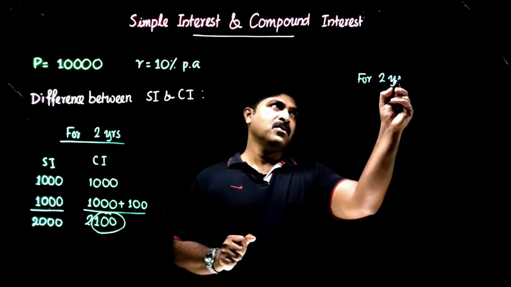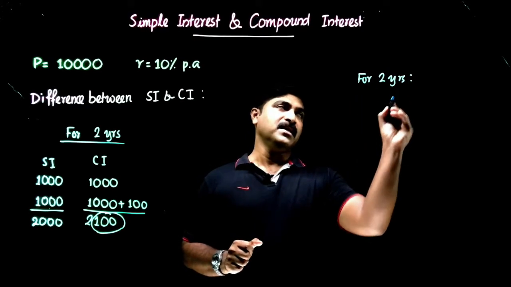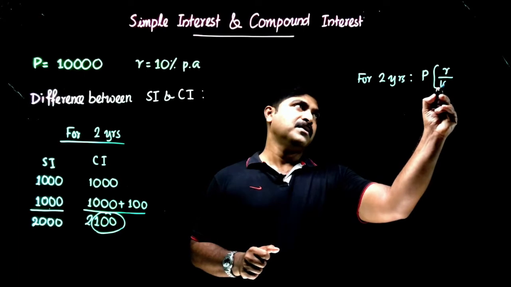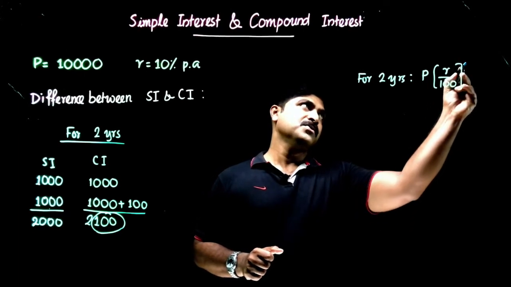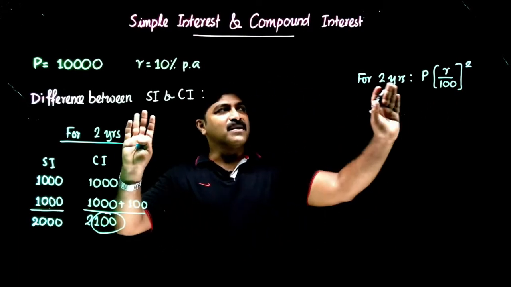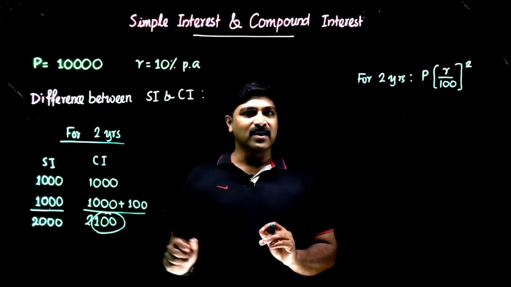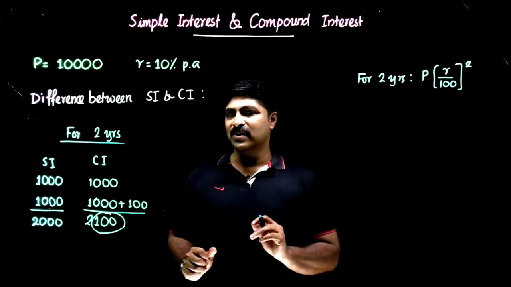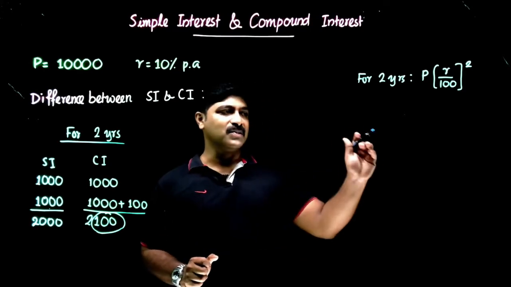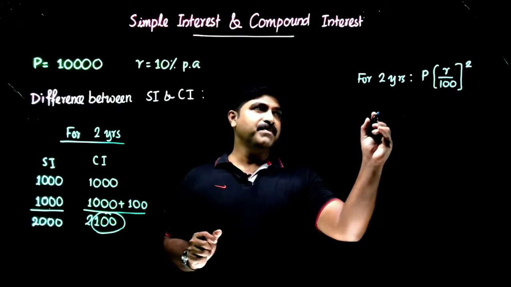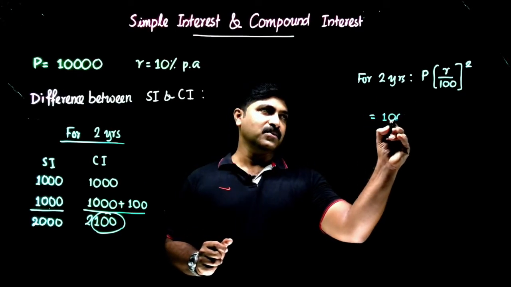Difference for 2 years is P into (R by 100) the whole square. It's a simple result that you can apply to find out the difference between simple interest and compound interest for 2 years. So we can check how we can apply this result. In our present situation, the principal amount is 10,000.